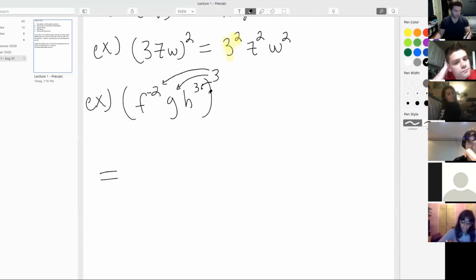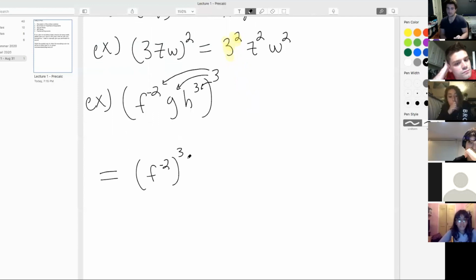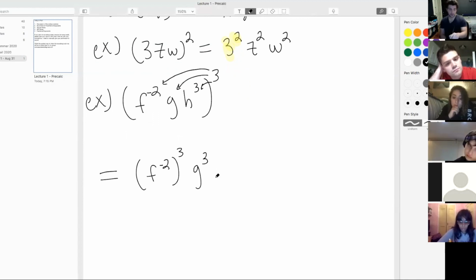So by the rule, this is going to be f to the negative 2 to the third power, brought it to that guy. Next, bring it to g: g to the third power, and h to the third power to the third power.